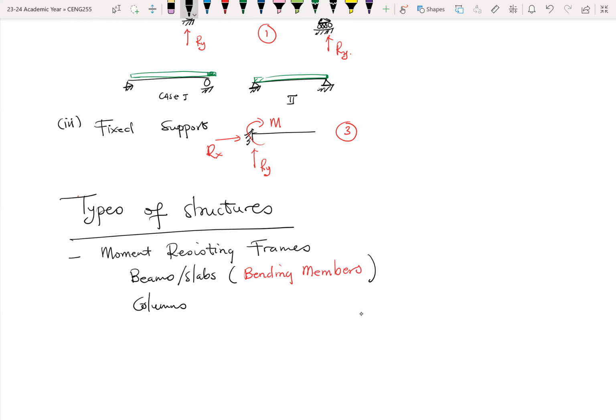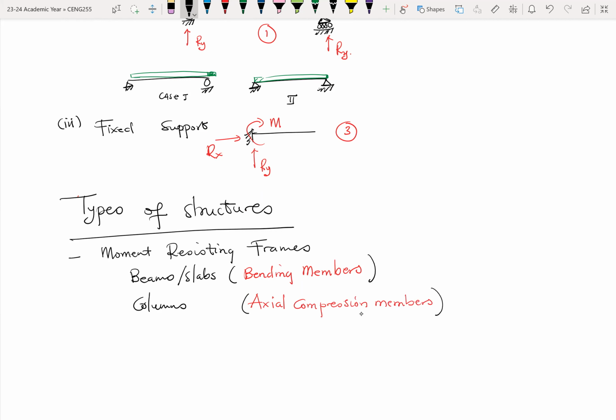Then we also have columns. We call them axial. Normally, they are called axial compression members. Okay. We'll explain some of these terms going forward.